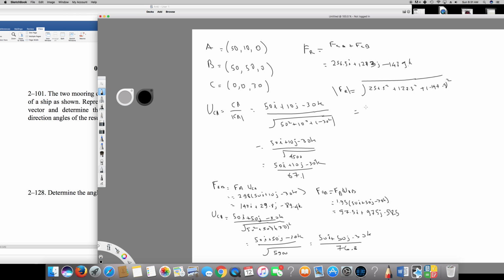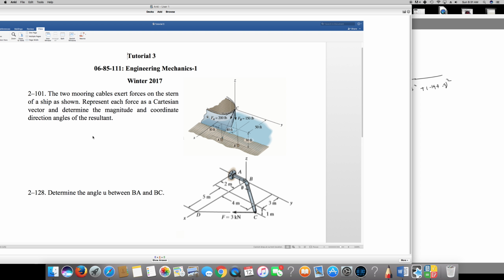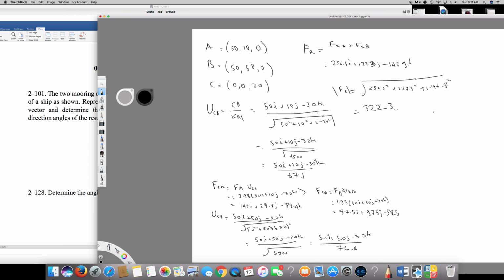So our resultant force is equal to 322.3 lb. If they have given the force in lb, we have to use that same unit, so this is going to be lb.